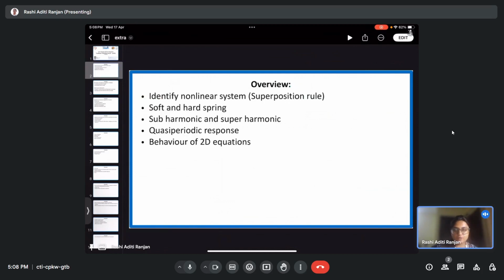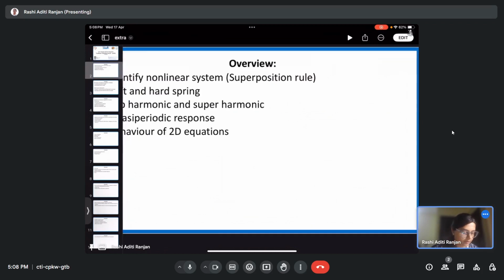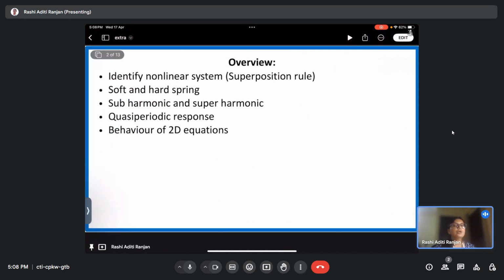Coming to the overview of the course that we have been learning. The first thing that comes to mind is: what is nonlinear vibration? Why nonlinear vibration, and what is the difference between mechanical vibrations and nonlinear vibrations?